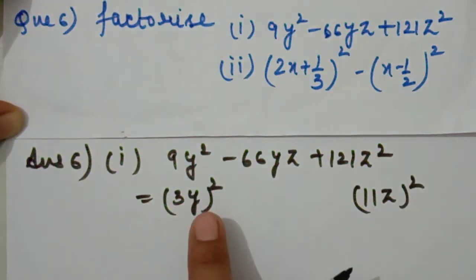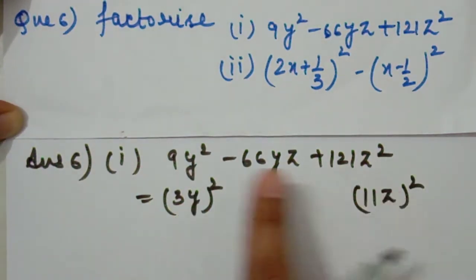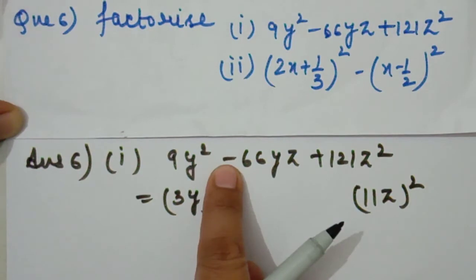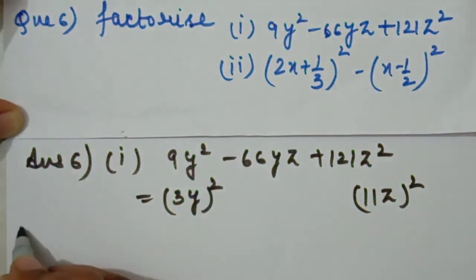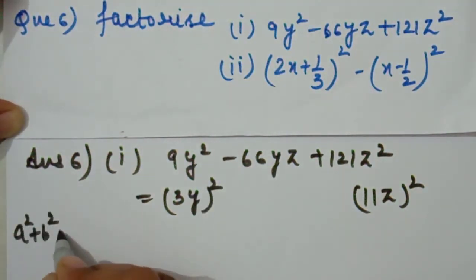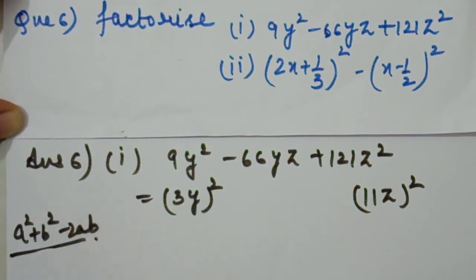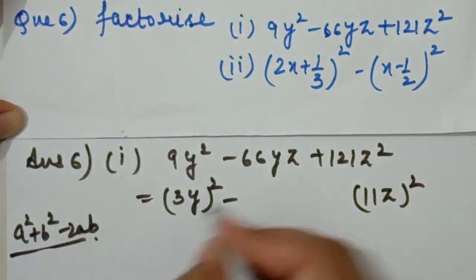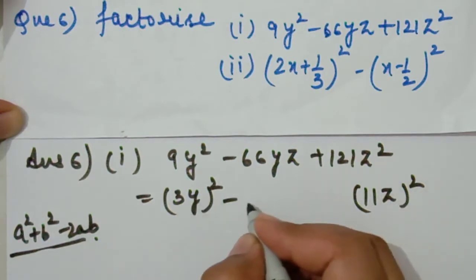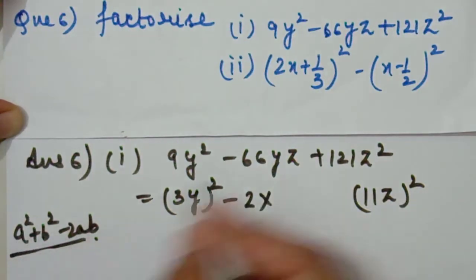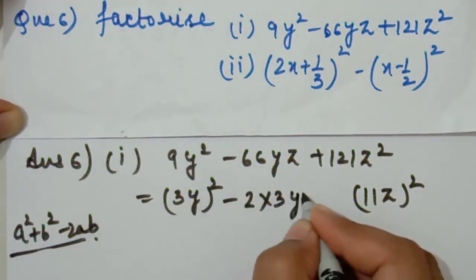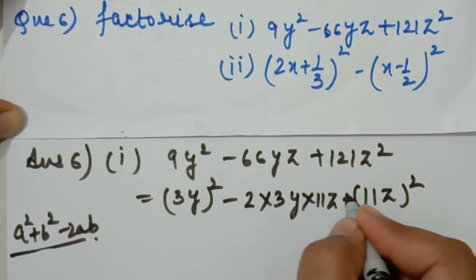So according to the identity, if we are applying a square plus b square and here we have minus, then definitely the identity is a square plus b square minus 2ab. This is your identity. So we will apply it and then check whether these two terms are correct or not. So a is 3y, b is 11z and then plus.